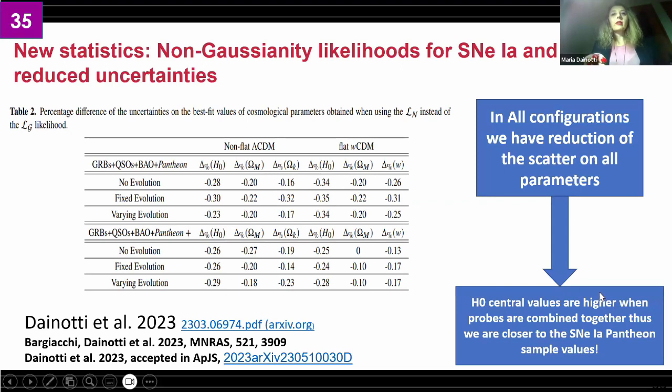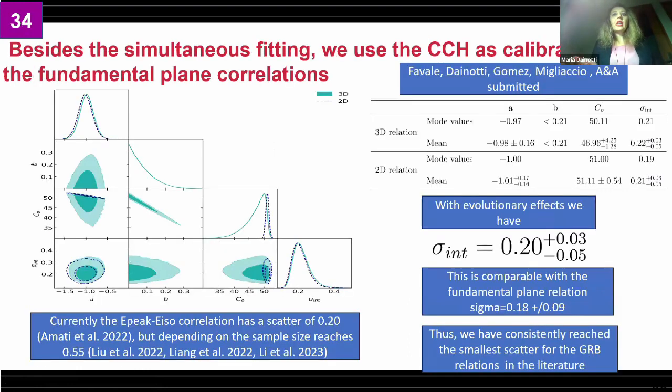And the central values of H0, combined with all the probes together, are closer to the value of the Supernovae Pantheon Plus sample. So in one sense, we are going toward saying that most likely the Supernovae Ia value is favored, but on the other hand, the bad news is that the discrepancy becomes slightly larger in this regard.